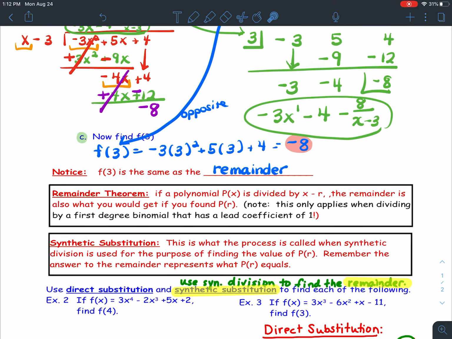We were dividing a polynomial by a first degree binomial with a lead coefficient of 1, and the remainder that we got, -8, was also what we would have gotten if we did direct substitution. See, it says P of r instead of f of x, it's P of x. The r is coming from flipping the sign. This was a -r, so they would have plugged in a +r, okay?